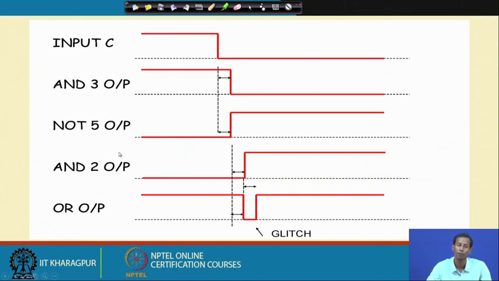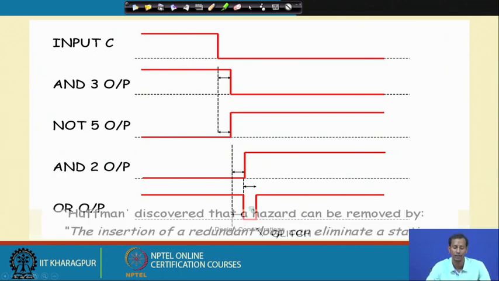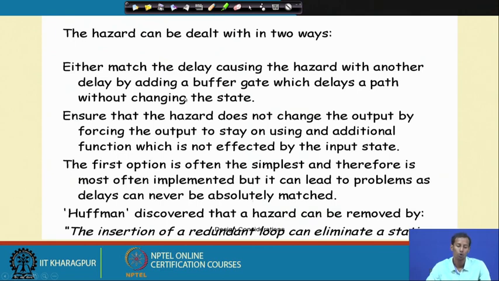If you take the same kind of example for product of sum, that means the OR AND case, at that time you will get a static 0 hazard. Okay. So, how to deal with this hazard? This hazard can be dealt with in two ways. Either match the delay causing the hazard with another delay by adding a buffer gate which delays a path without changing the state.